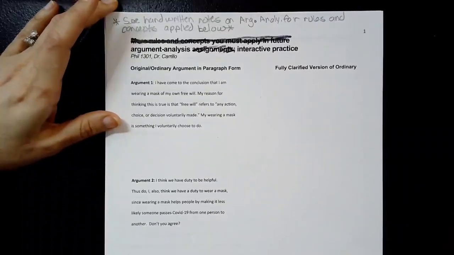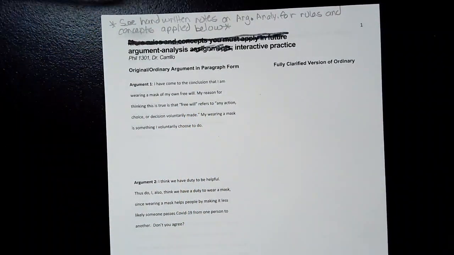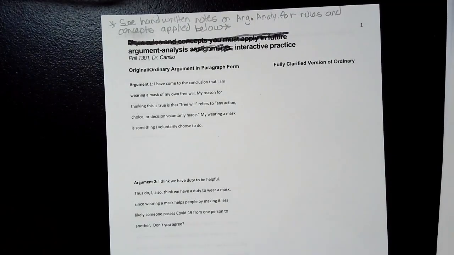All right, so like I said, we're going to be working between these two documents, and we're going to start with this first page of this document, and this video is going to focus only on this argument to keep it short, or as short as possible. So what I'm going to do is role model what it looks like to apply what you learned in the soft talk module.